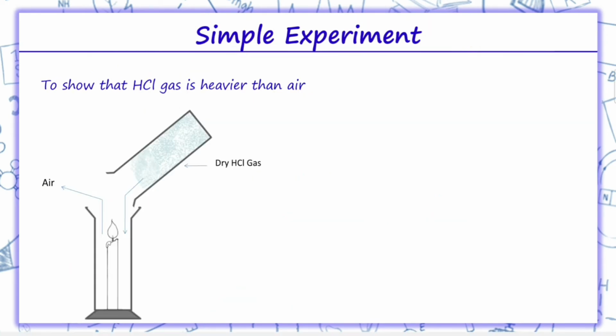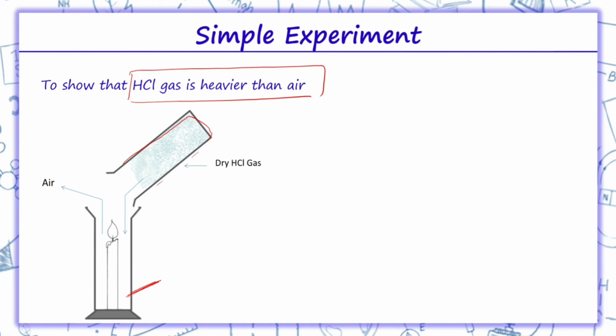Now here we have a simple experiment which shows that HCl gas is heavier than air. We have a dry glass jar in which dry HCl gas is placed, and an empty jar in which we have placed a burning candle.